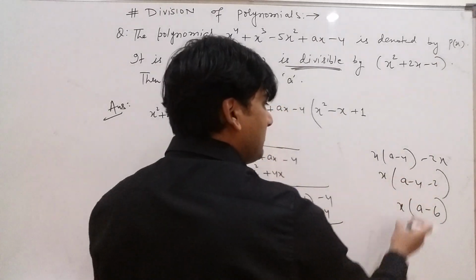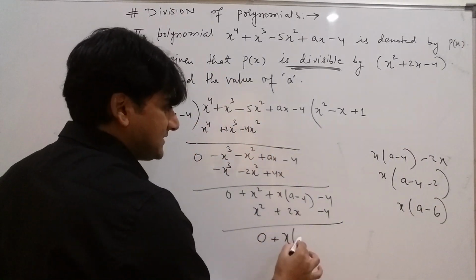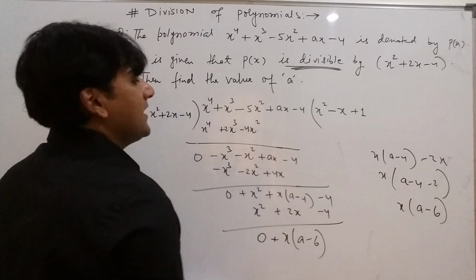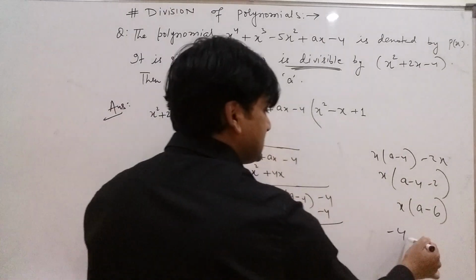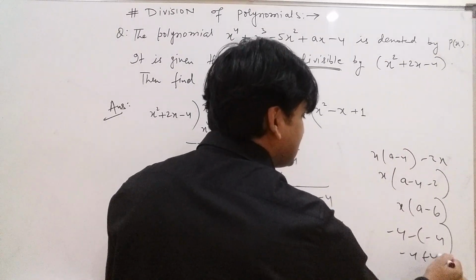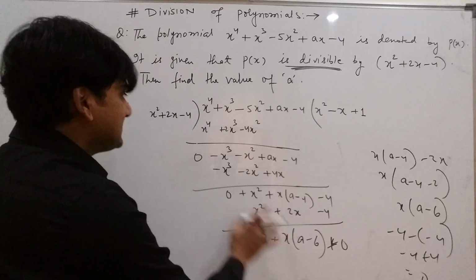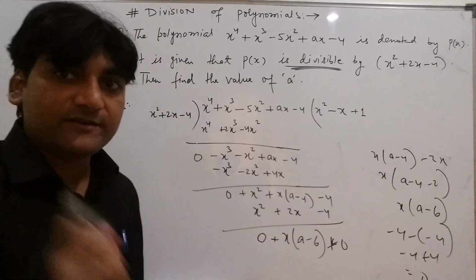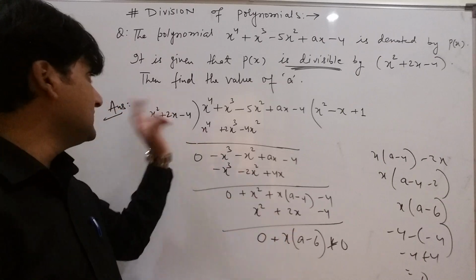So x I will take common, then a minus 6. Then here I have to write x times a minus 6 and this is minus 4 and we are subtracting. So minus 4 minus of minus 4, minus 4 plus 4 which is 0. So we got this x times a minus 6, and this is x squared. Now you cannot divide because the degree is smaller than this.